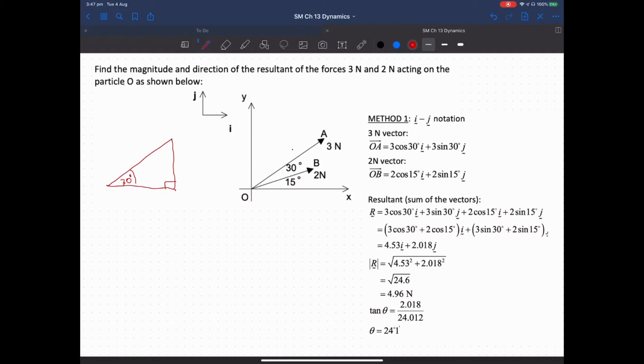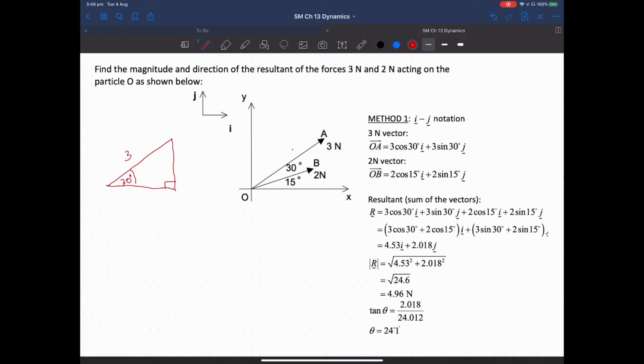And I know the magnitude of the vector is 3 newtons. So the magnitude, the length of it is 3, which means that I can now express the horizontal and vertical sides. The horizontal side is the adjacent side on a right angled triangle. We know that the adjacent side is associated with cosine.